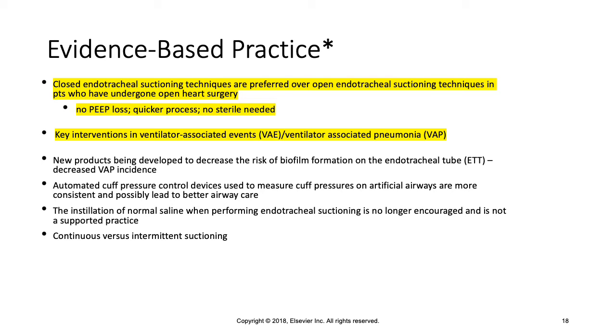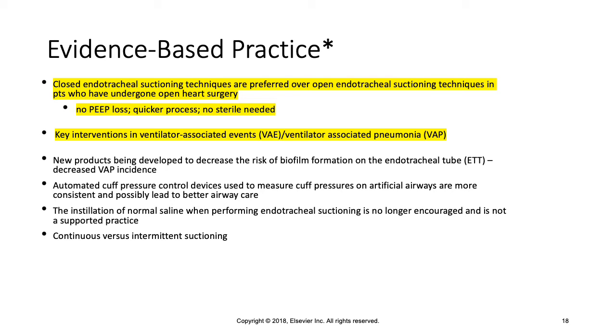Another area that the evidence looks at is interventions in preventing ventilator-associated events and ventilator-associated pneumonias. So the recommendation is that bundles be created which will guide nursing practice on caring for patients on ventilators.